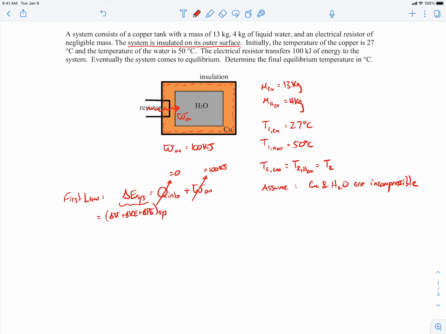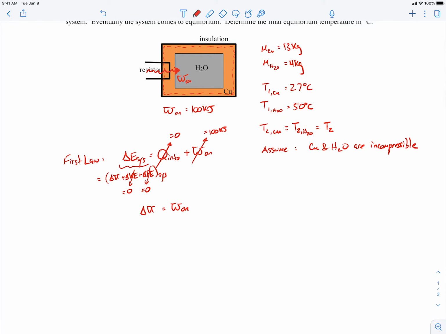But since the system's not moving, the change in kinetic energy is 0. It's not changing elevation, so the change in potential energy is 0. So in the end, we have the change in the internal energy is equal to the work done on that system. Now the change in the internal energy will just be the final internal energy minus the initial internal energy.